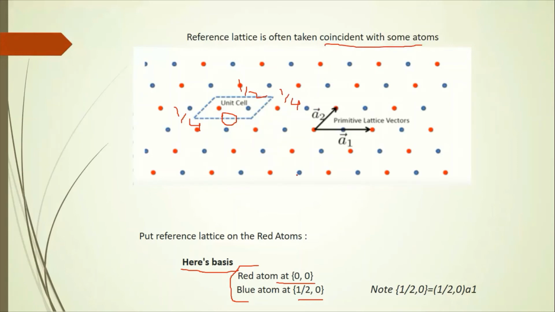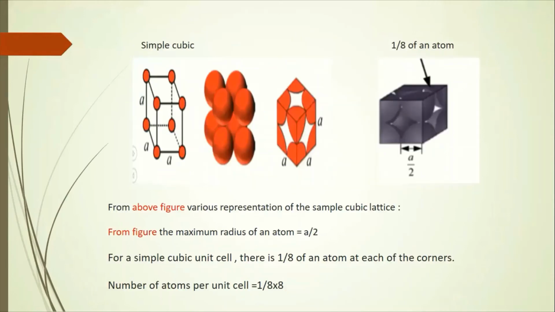So here we can also see only one lattice point from this figure, just the red points, because it's a half. So now we go to the next slide.